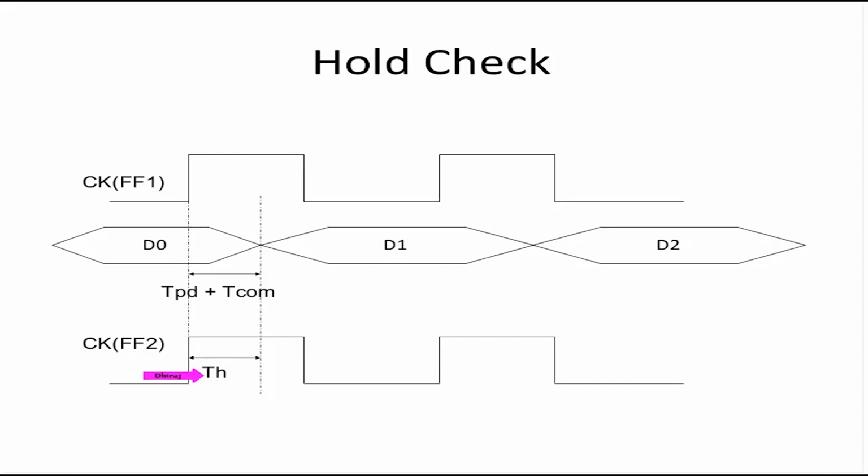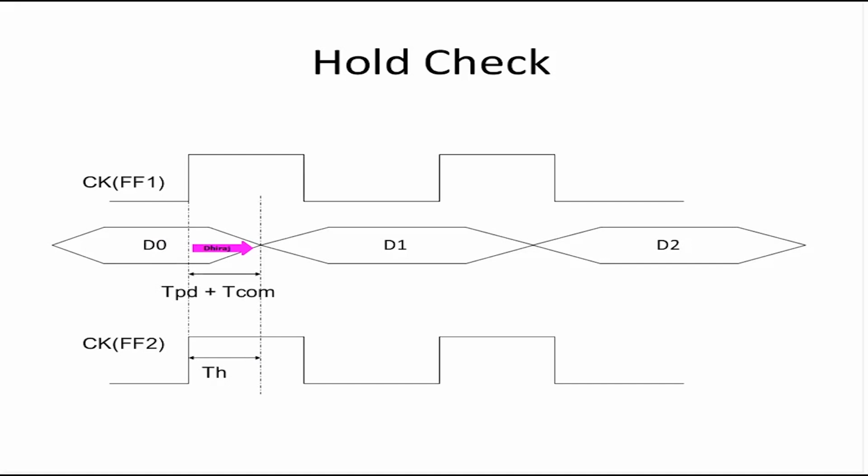This check makes sure that old data D0 is captured properly by FF2. The setup check will make sure that the data is set up before the clock properly. The hold check will make sure that data is held for some time. D0 is held for at least TH time before it could transition into D1.